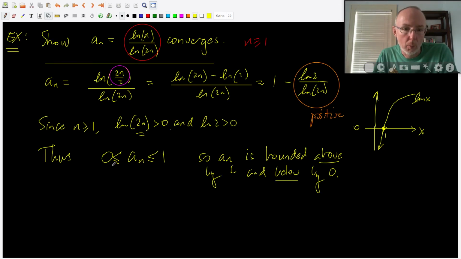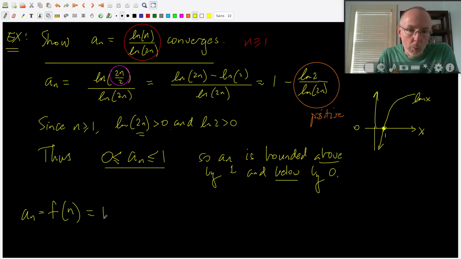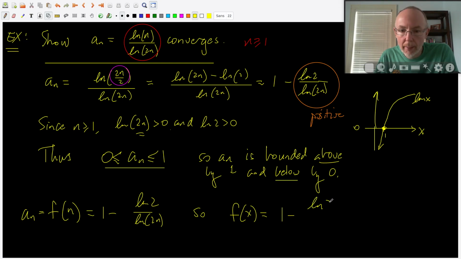Back to our example, we have something that's bounded between 0 and 1. Let's look at the function. If a sub n is the function that we're dealing with here, it was 1 minus the natural log of 2 over the natural log of 2n. I can go back to that theorem we had last time and think about the function that's generating this sequence as a function of continuous variables.